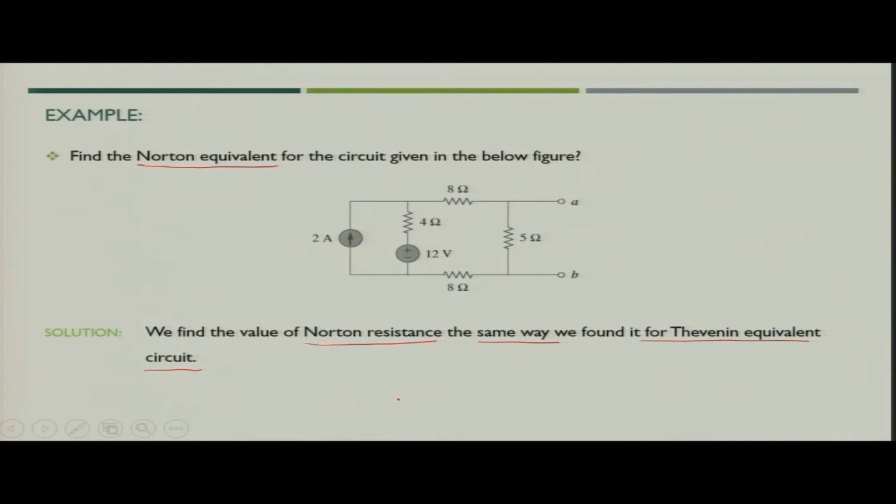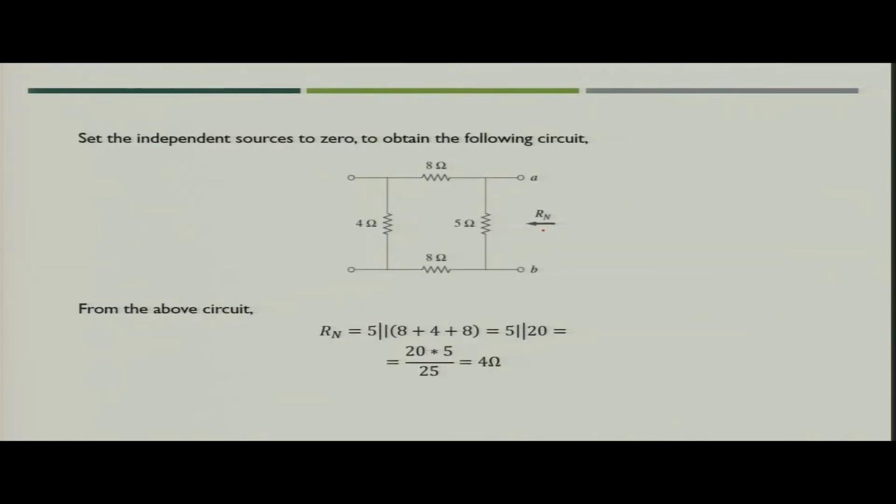That means, what we have to do? We have to short circuit the voltage source and open circuit the current source. So, what would be the updated circuit? The updated circuit would look like as shown in the figure, where voltage source is short circuited and current source is open circuited, and we are left with only the resistances.